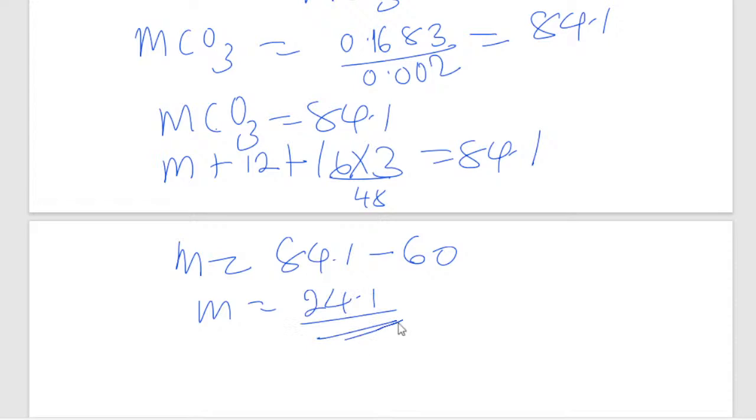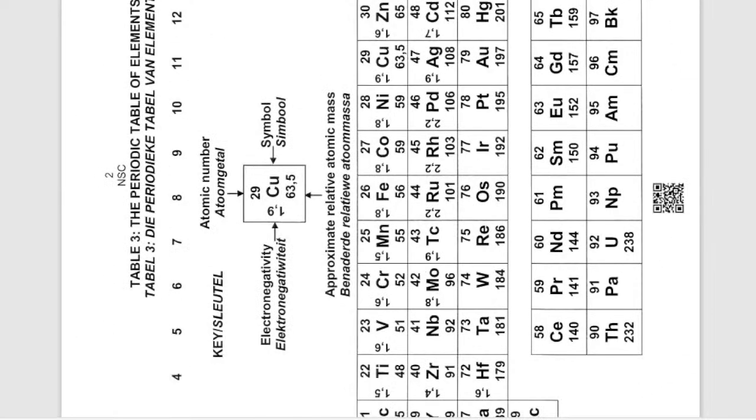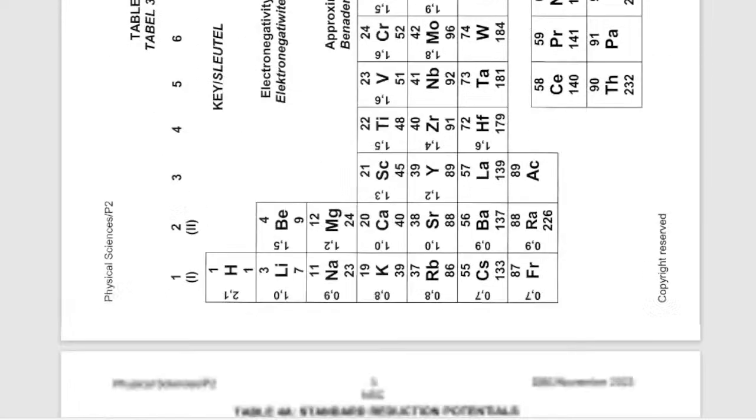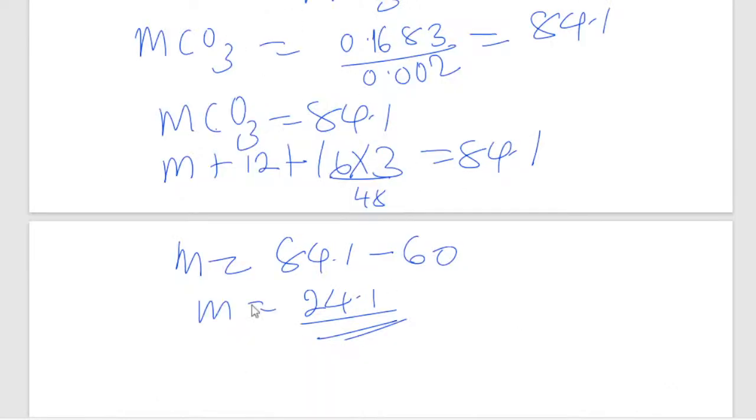So M is going to be equal to 24.1. So I have to go to the periodic table and find out which element has 24 as the molar mass, which is here, and the answer is magnesium. So M is equal to magnesium.